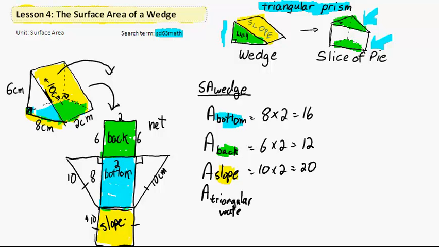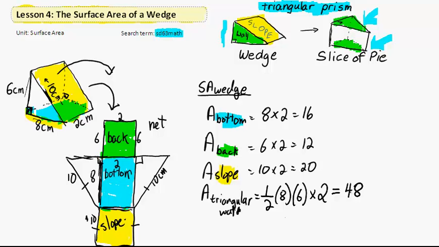Now, the area of a triangle is equal to 1/2 the base, which is 8, times the height, which is 6. 1/2 8 times 6. But there are 2 triangles, right? So we'll times by 2 again. And that works out to 48.